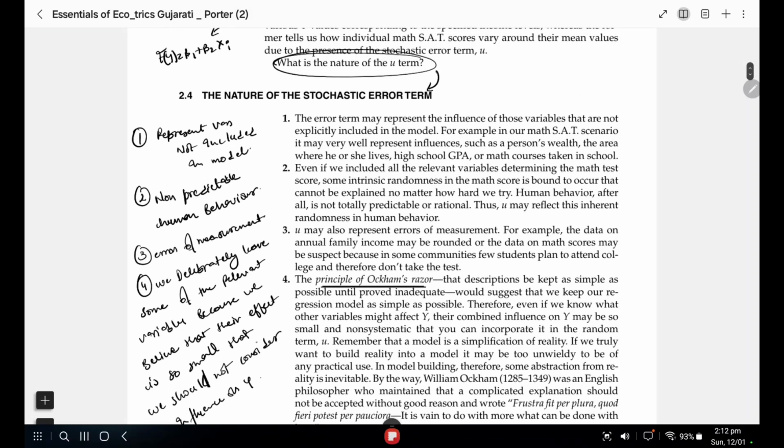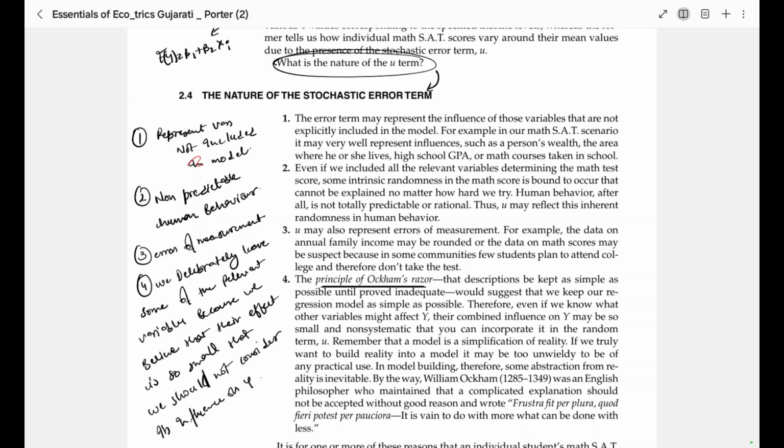What it says here is that the error term represents the variables that are not included in the model. What does this mean? I told you in the starting that this is a two variable model. For example, in income and demand, we know that demand is affected by other variables also, like price of the good, price of the substitutes, price of the complementaries, tastes and preferences, and many other factors.